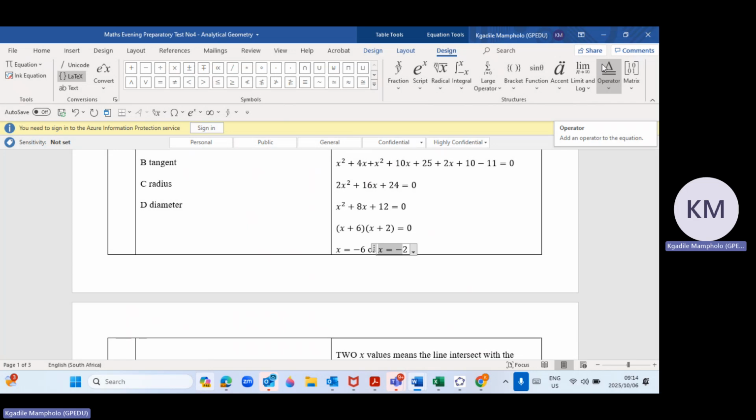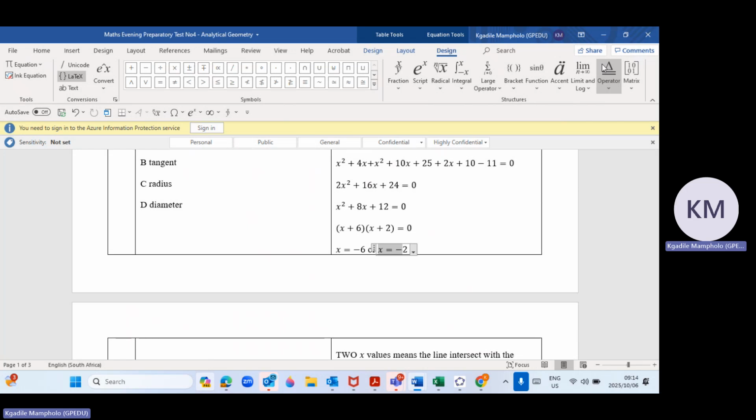For that reason, we will say it is a secant, because it touches the circle twice.